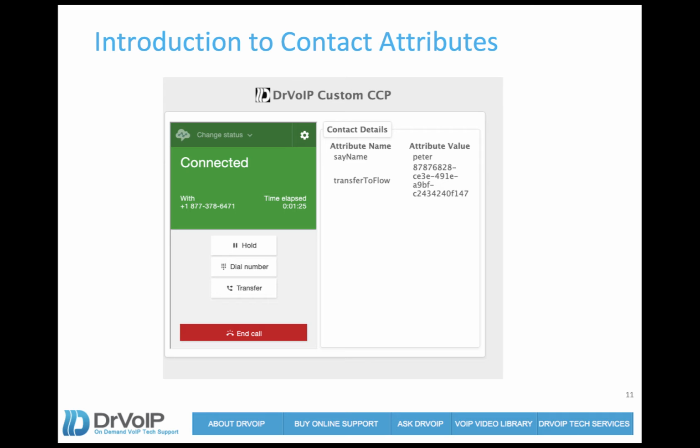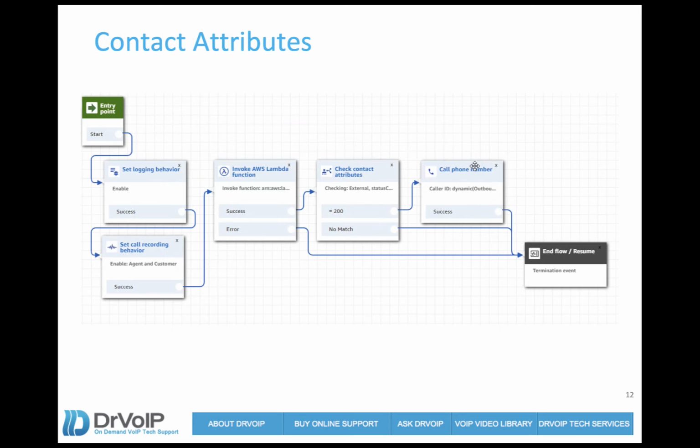Not very informative for the agent, but I may want to bring back a custom prompt. Or, let's take an example in which a callback, I want to know the name of the individual that we're calling back. And we retrieve a contact attribute, say name, Peter, phone number, etc. And we can display that to the agent.